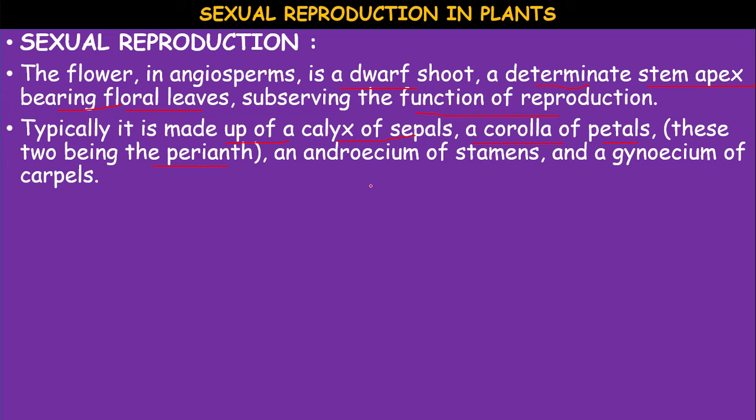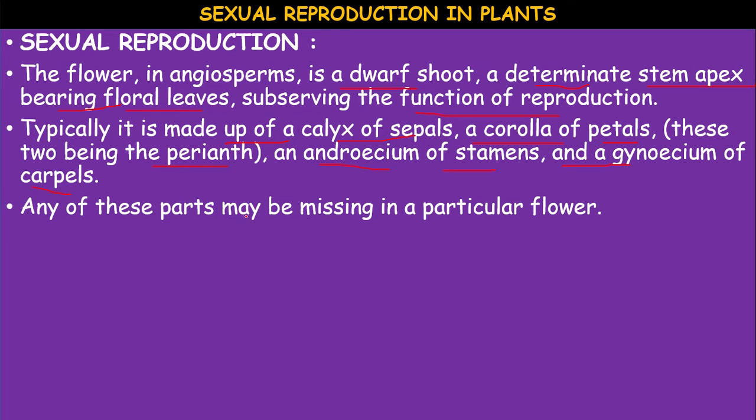The flower consisting of two outer whorls, what are they? Calyx and corolla, together called the perianth. The androecium consists of stamens, the male reproductive part, and the gynoecium consists of carpels, the female reproductive part. Any of these parts may be missing in a particular flower, then that flower is called an incomplete flower.